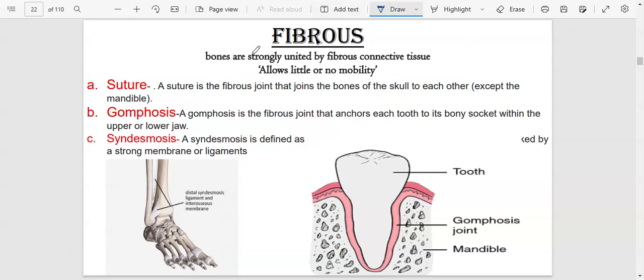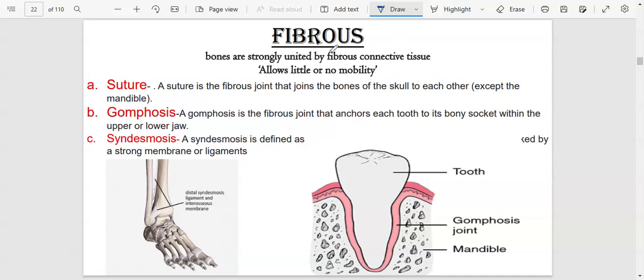So the fibrous ones here, bones are strongly united by fibrous tissue. So that is the kind of tissue that holds fibrous bones, right? Held by fibrous tissue, and they allow little or no movement. So that is why we said fibrous joints. When you are classifying synarthrosis, you can mention fibrous.